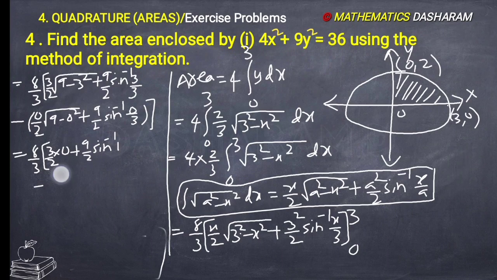Next minus 0 by 2 is 0, plus 9 by 2 into sine inverse 0 by 3, which is 0.